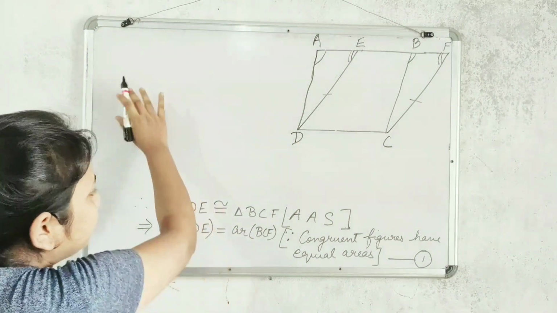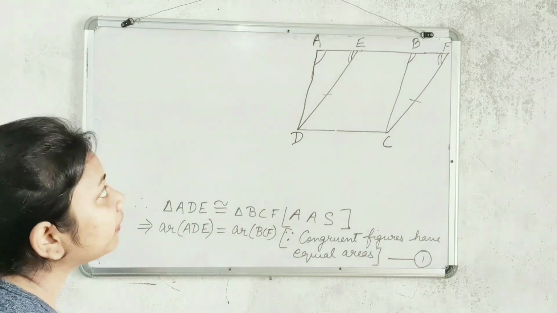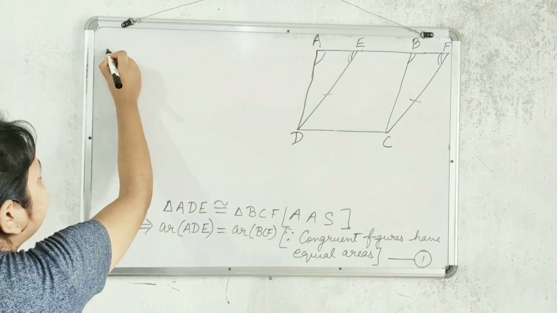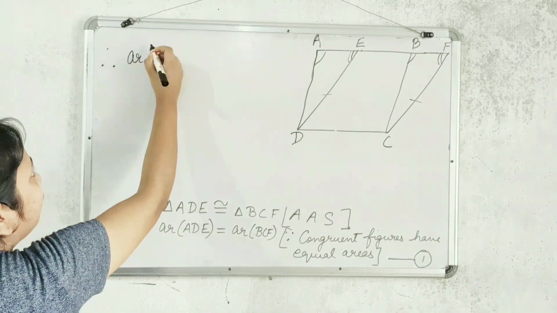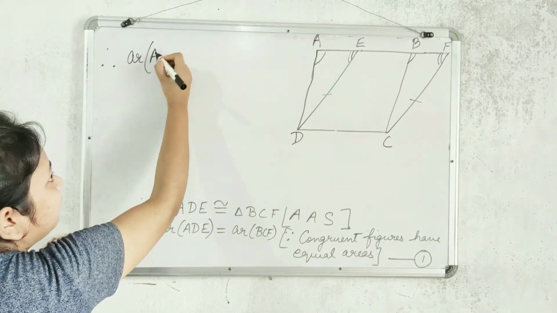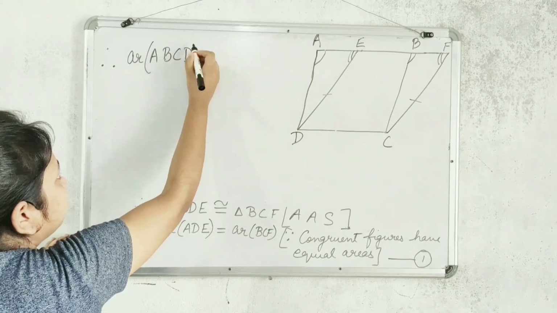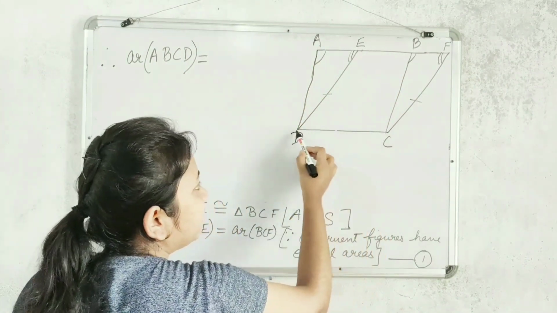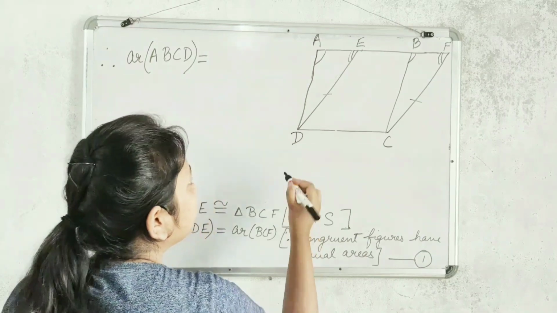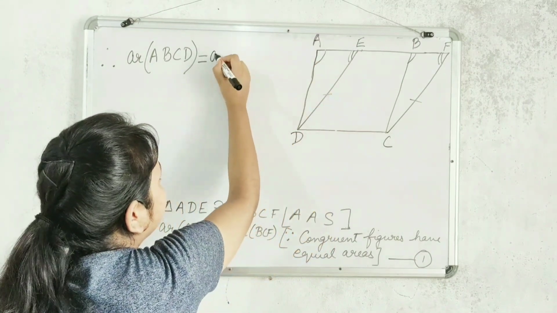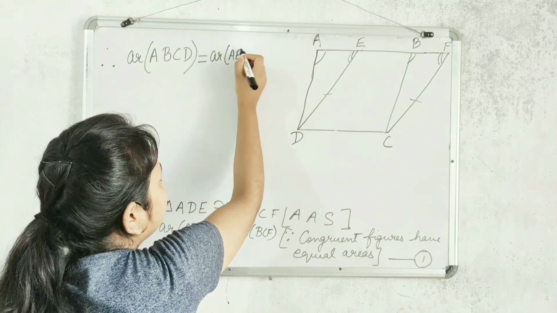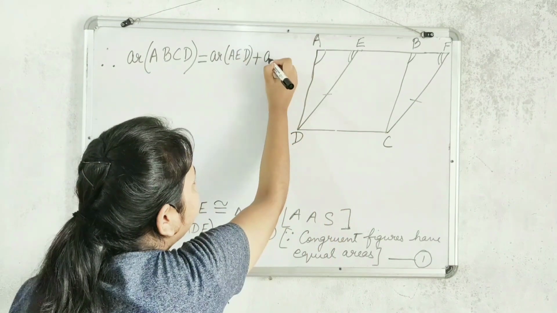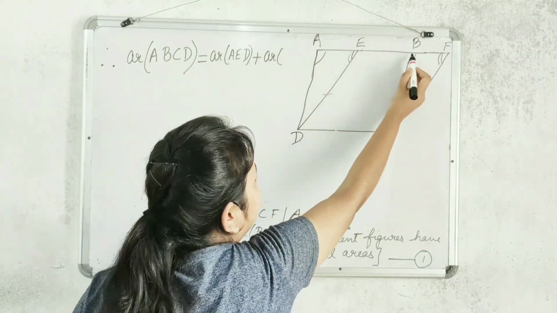Now I have roughed this part. Let's continue. Therefore, area of parallelogram ABCD can be written as area of triangle AED plus area of EBCD.